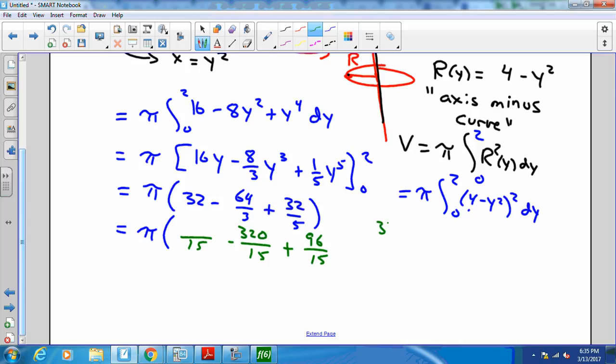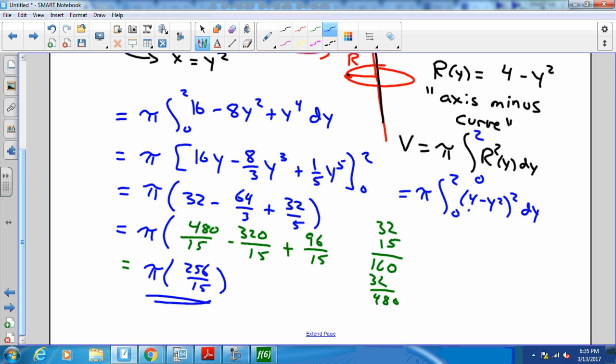So we have 15ths as our common denominator. And this is going to be 3 times 32 is 96. And this is going to be 5 times 64 is 320. And this is going to be 32 times 15, which is 480.